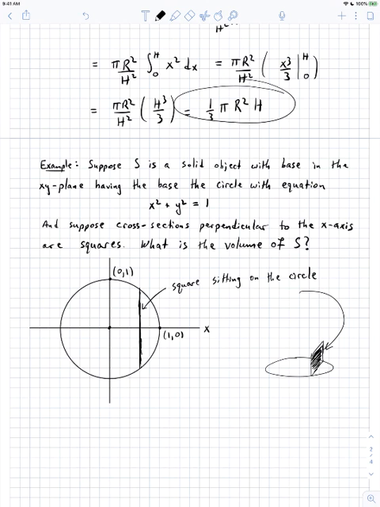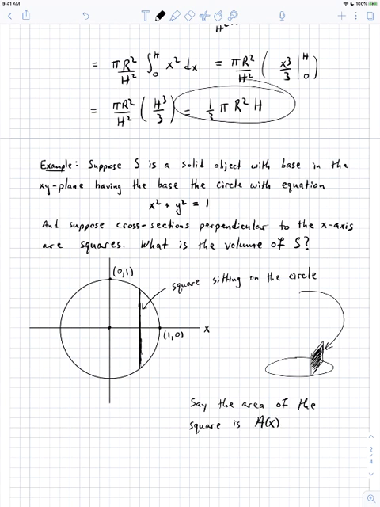Importantly, what that means is that it has the same height as it has base. So what we need to do is figure out what the base is, because the area of this square, let's say the area of the square, is A at x.